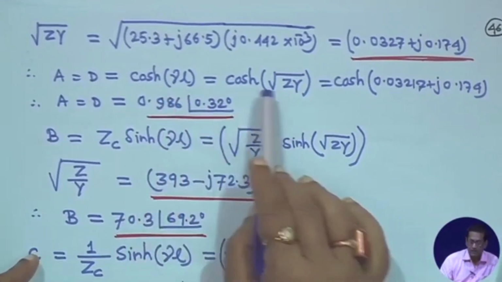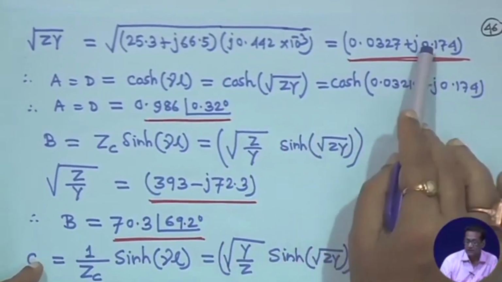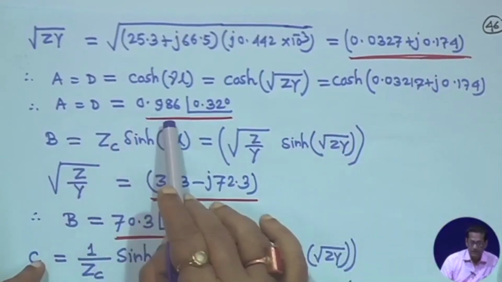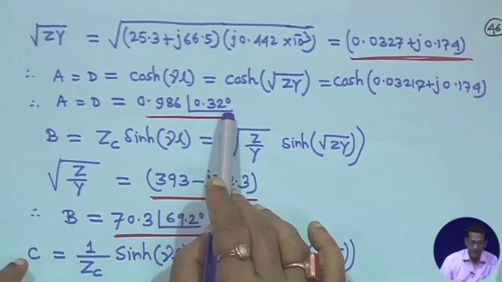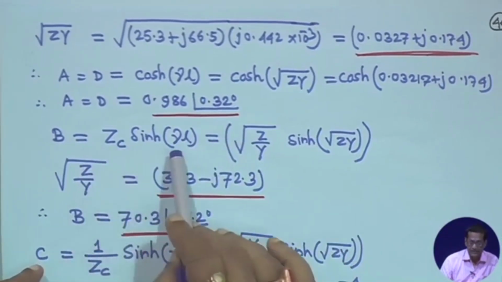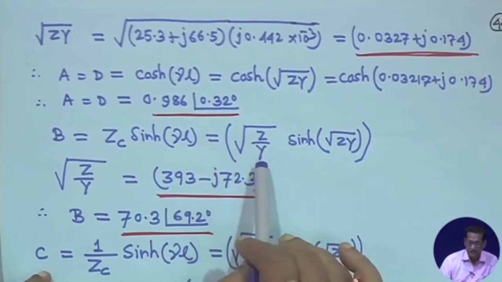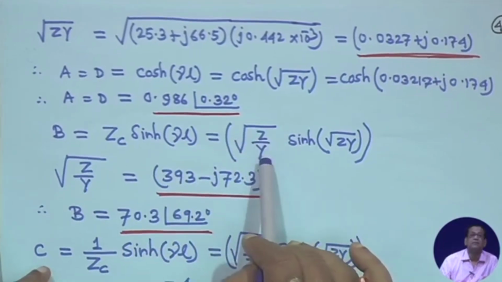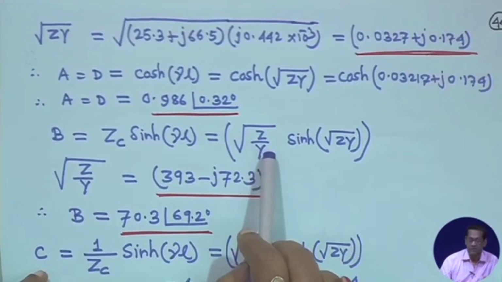A is equal to D, the ABCD parameter for the long line, is cos hyperbolic gamma L. So, cos hyperbolic root over z y, when you substitute this value, gives A is equal to D is equal to 0.986 angle 0.32 degree. B is equal to ZC sin hyperbolic gamma L, where ZC is root over capital Z upon capital Y. Earlier we have given all these terms and definitions.